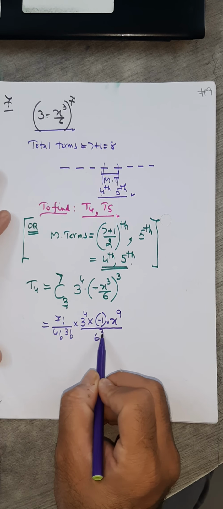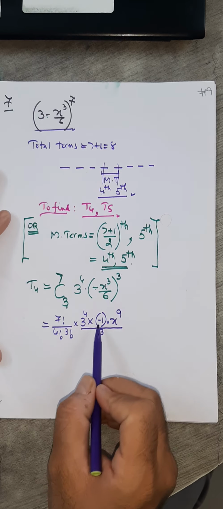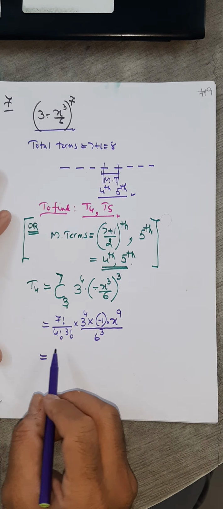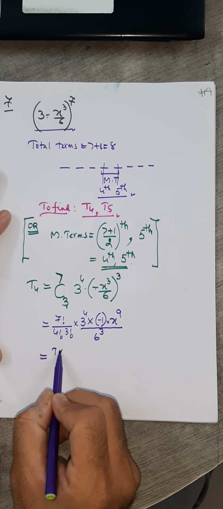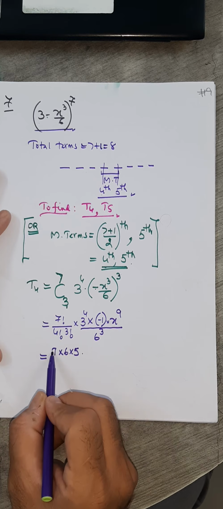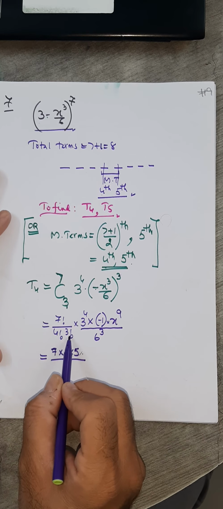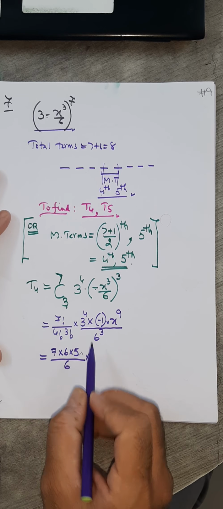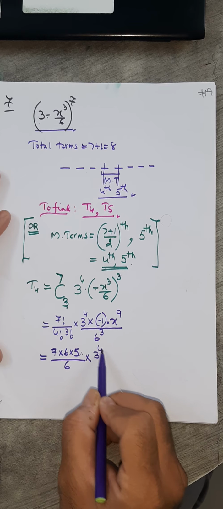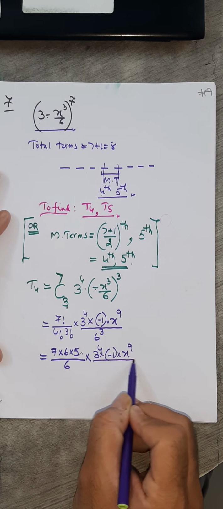I've applied the power to x, 3 3s are 9, 6 raised to 3 and minus 1 raised to 3, it's minus 1. Now for the simplification, 7 into 6 into 5 into 4 factorial, that will get cancelled with this. 4 factorial will get cancelled with this. 3 factorial is just 6. Let me keep 3 factorial right now, 3 raised to 4 as it is, minus 1 as it is, x raised to 9 as it is.